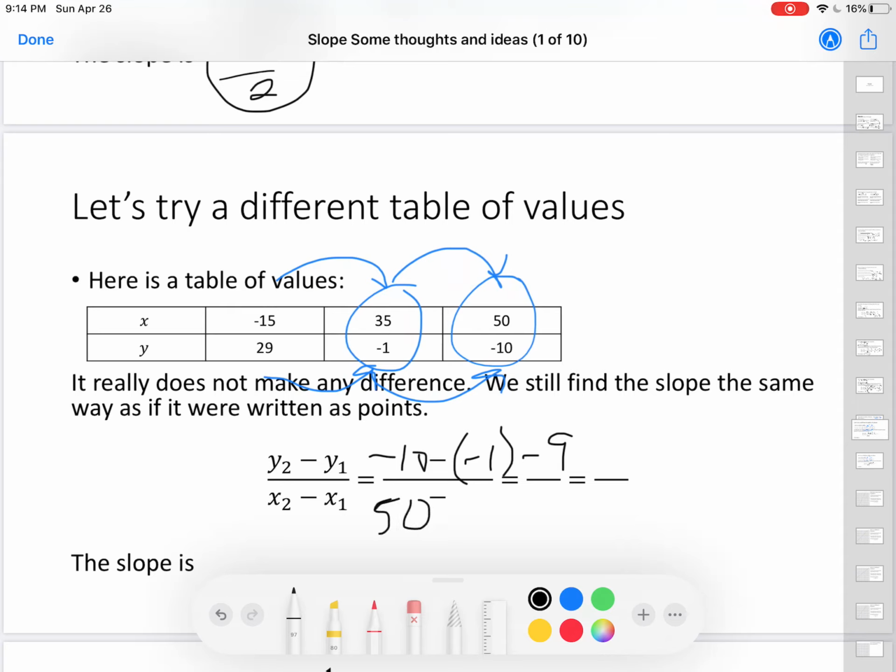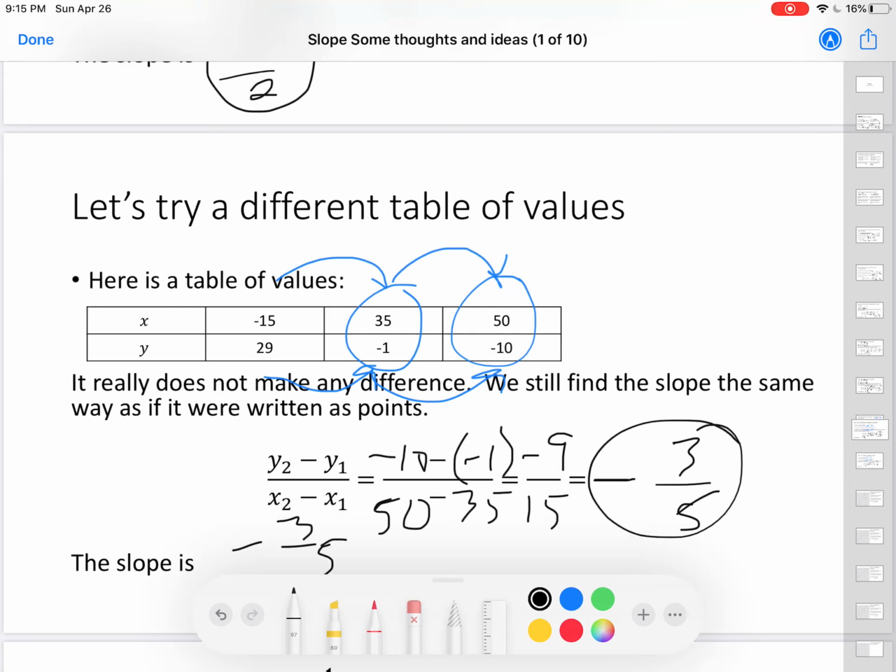Negative 1 goes with 35. 50 minus 35 is positive 15. Simplify, it's going to be negative. Divide them both by 3, negative 3/5. The slope will be negative 3/5.